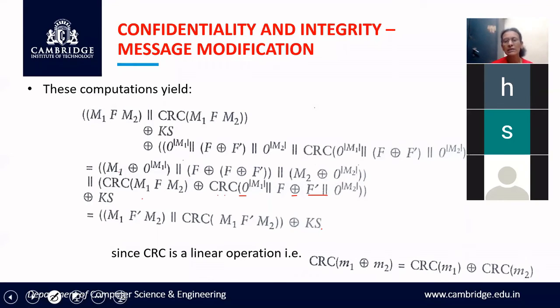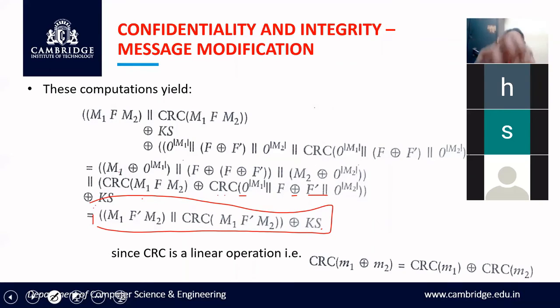So the receiver is going to get this message. If the attacker is going to send this message instead of the first message, the receiver, once he gets this message, what is he going to do? He is going to XOR with the key string.